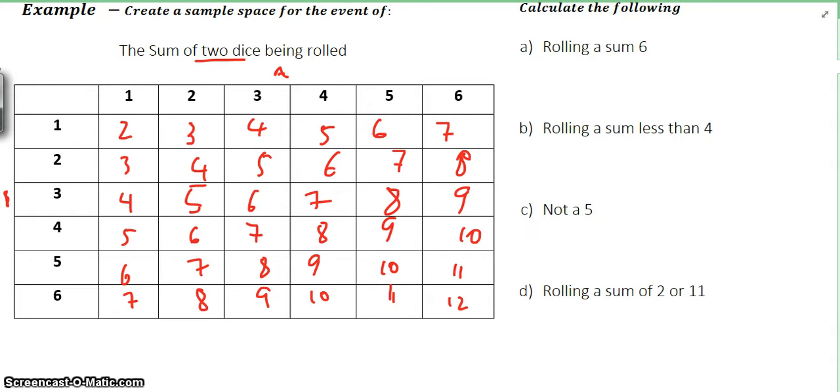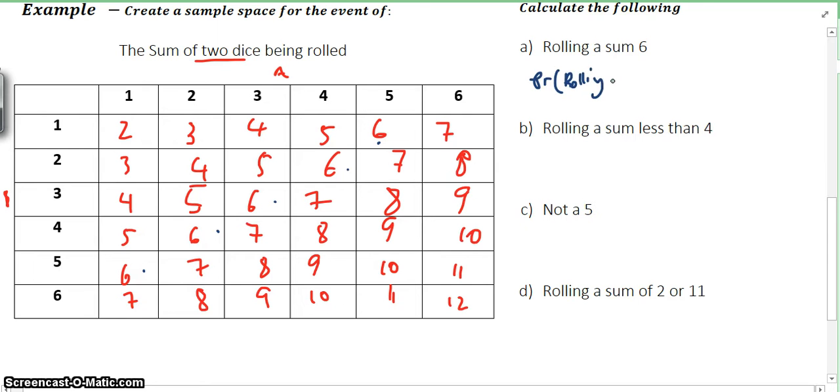Well, let's have a look at this question now. How many possible options can we get a 6 with? 1, 2, 3, 4, 5. So the number of possible outcomes we could get for rolling a 6 is 5.